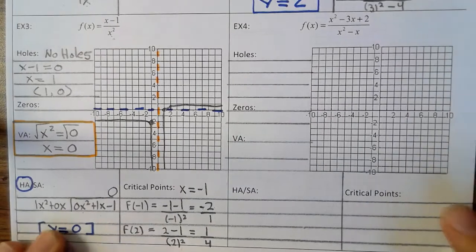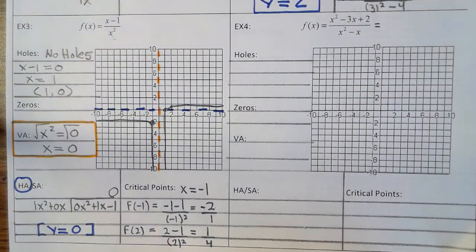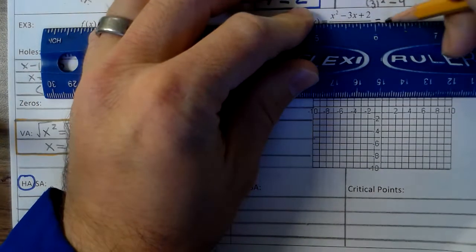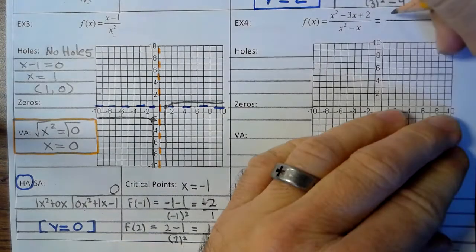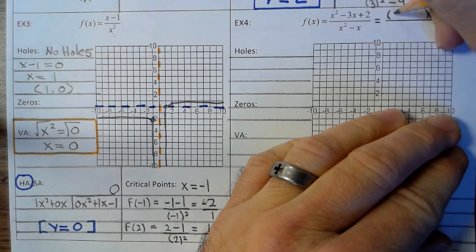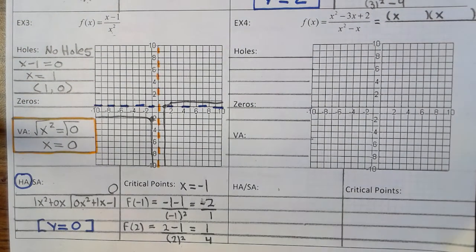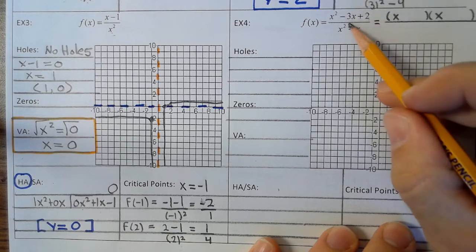All right, now let's take a look at example 4. Okay, so the first thing we do is factor the numerator and denominator. Now we know 2 parentheses. We know x and x. And then we need to find out what combination will multiply to be +2 and combine to be -3.